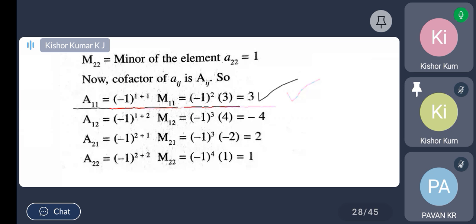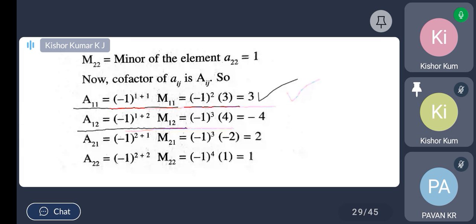And again the cofactor of the second element, which we mention as A12. When I consider i is equal to 1, j is equal to 2, you should replace them throughout the equation. So you get A12 is equal to minus 1 to the power 1 plus 2 into M12. And already you know the value of M12.